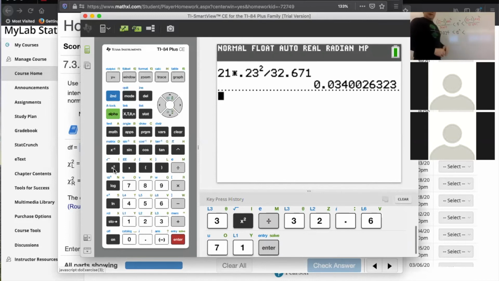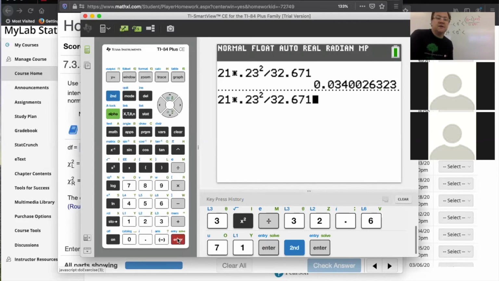The next line: now the right hand side is basically the same thing. I have a shortcut. I just do second entry right here, which brings up everything there. The numerator is the same. The only thing that's different is the denominator. I'm going to type in 11.591 instead.